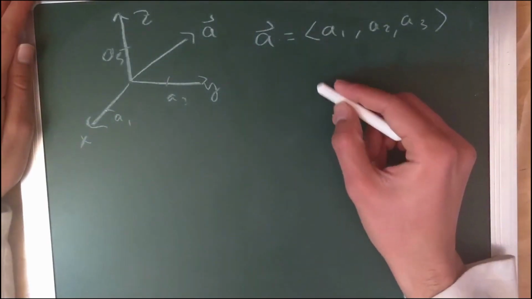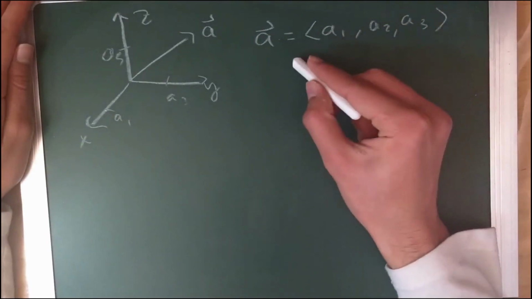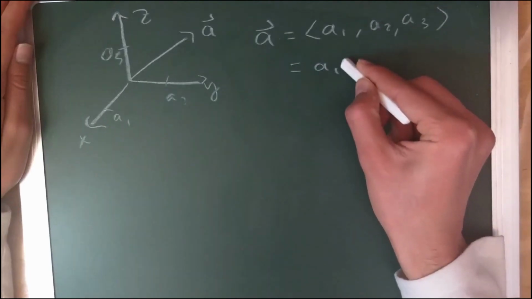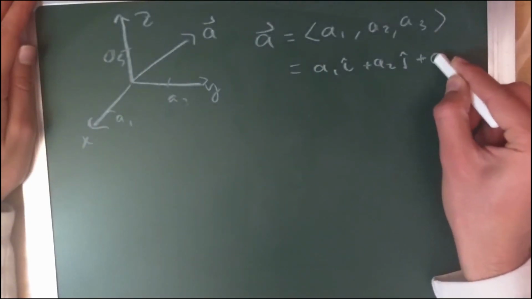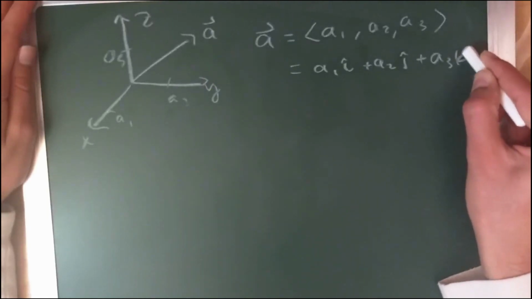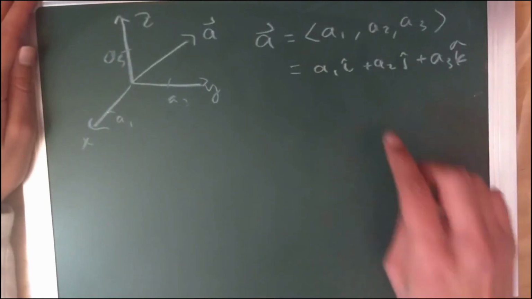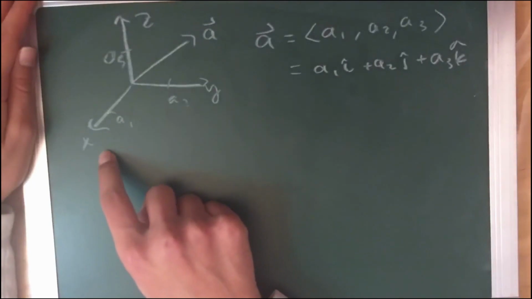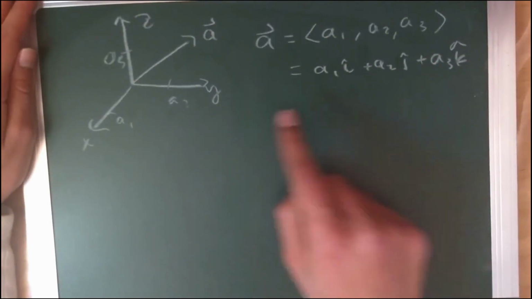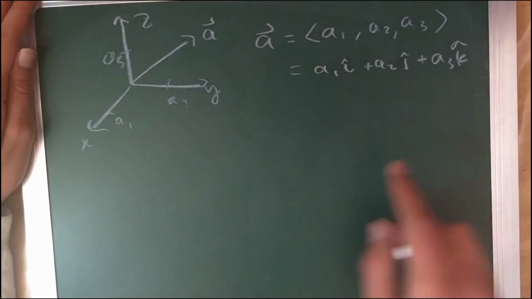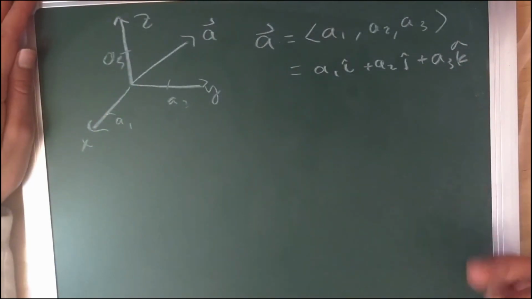And another way to write this is using our i hat, j hat, k hat conventions, where i hat represents the x-axis, j hat represents the y-axis, and k hat represents the z-axis, components in each of those directions.